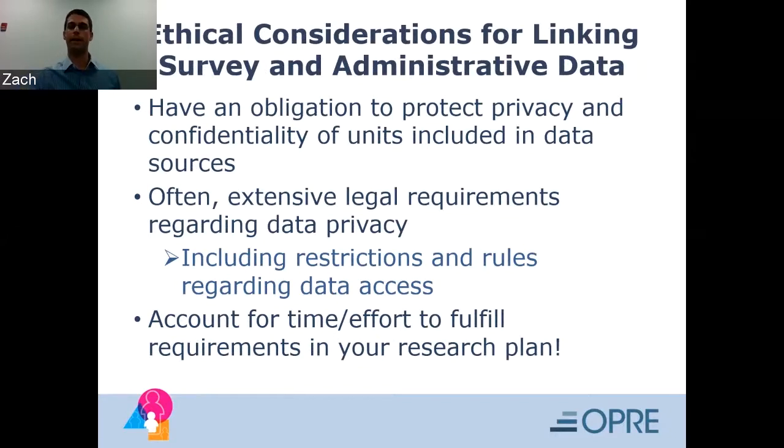I conducted the work at a Census Research Data Center, which is a secure environment for analyzing these restricted data. The process involved being fingerprinted, giving a sworn statement to a notary public, working in a room with no internet access, and having output reviewed for statistical disclosure risks. I would say that's at the extreme end of what's required for data linkage projects, but it is an example of what might be required.